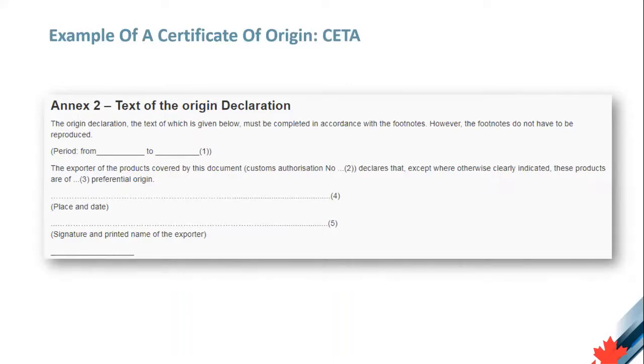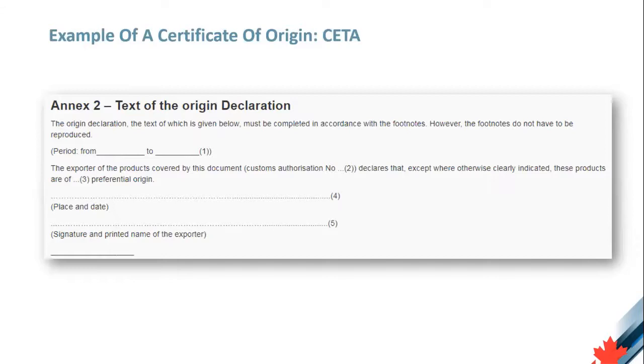But the good news about the CPTPP and the CUSMA is that there's no prescribed format for those countries. They will ask you what kind of information you need to put in the document, but most of the time you can do it on a commercial invoice.